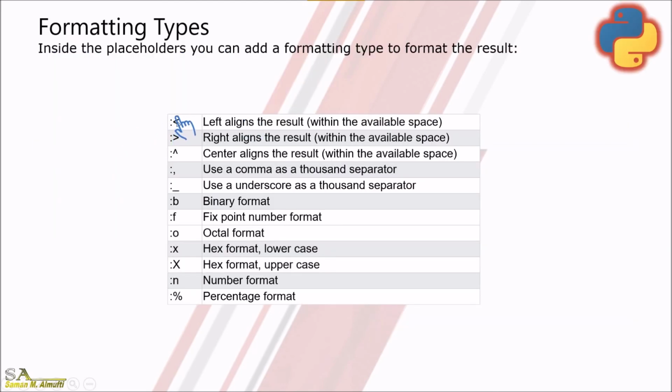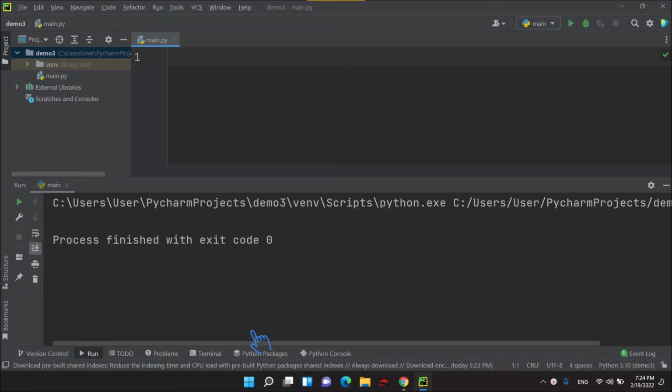Another example, greater or less than, for aligning the text. X equal NZU placeholder colon 20.